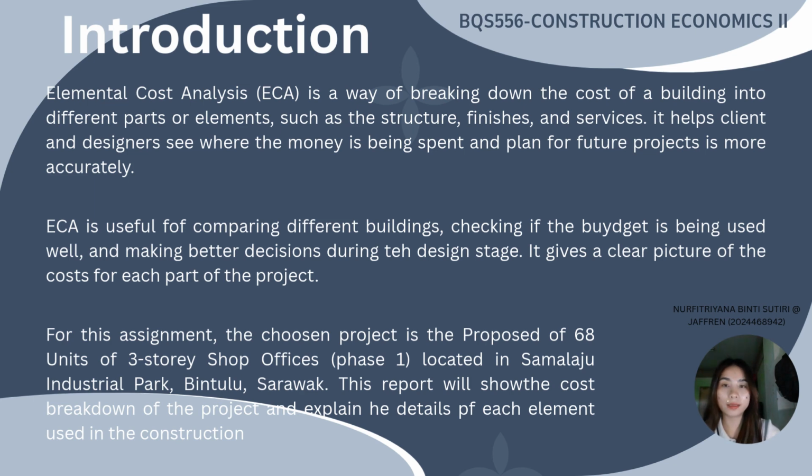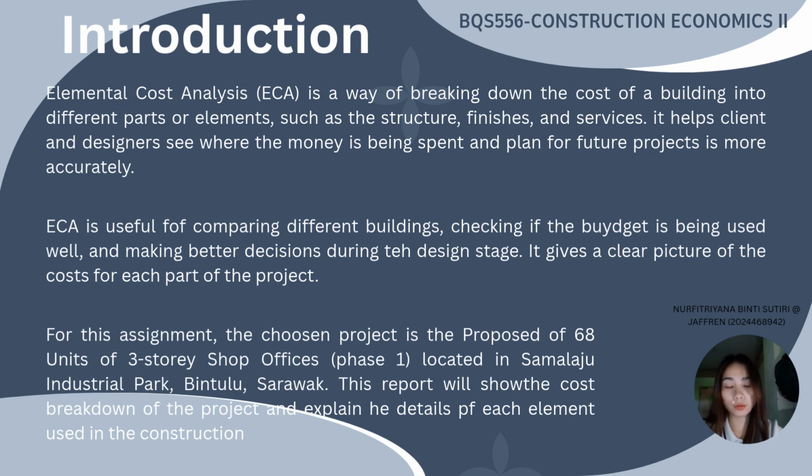Elemental cost analysis (ECA) is a method used to break down the cost of a building into its main components or elements such as the structures, finishes, and services. This helps both the client and the project team understand how the total cost is distributed, allowing for better budgeting and planning.